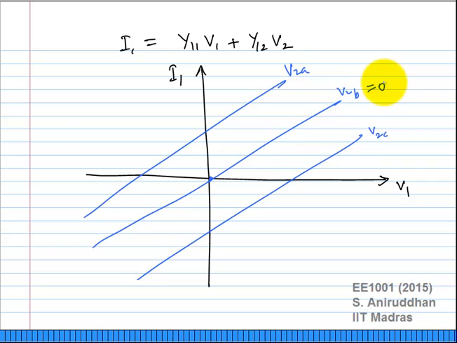It is very useful to draw these plots, I1 versus V1, I1 as a function of V2 for different values of V1 and so on. In this particular case, the relationship is linear because we are considering those class of networks in this course. You can also do the same thing for nonlinear networks. Any questions so far?